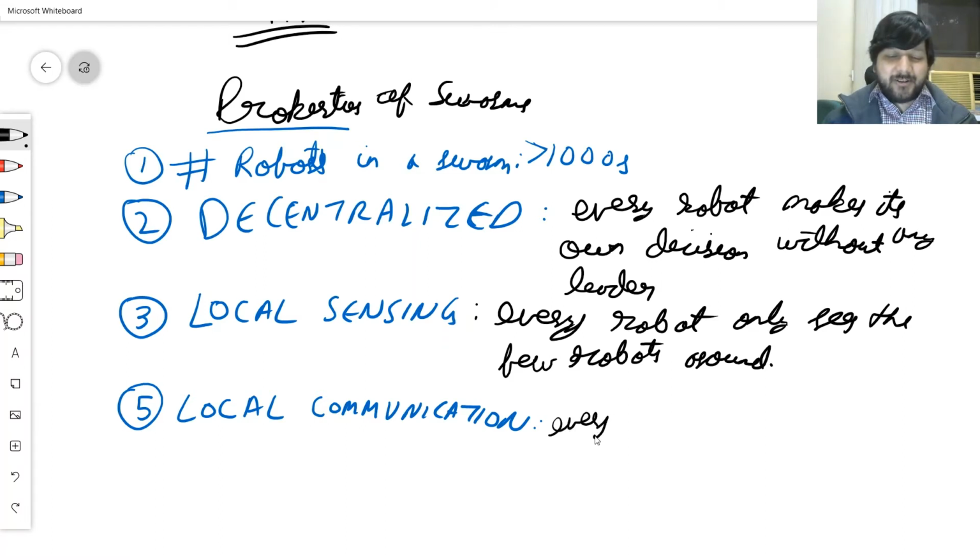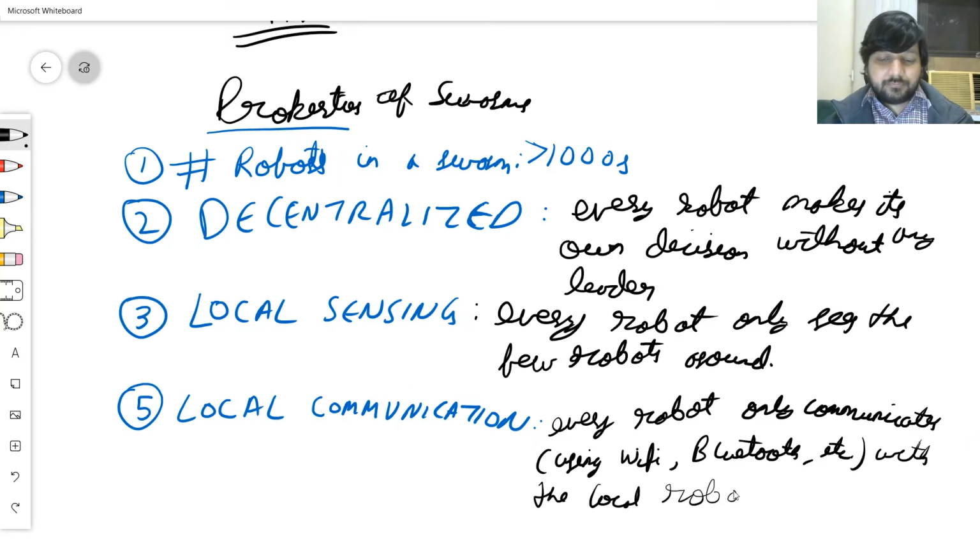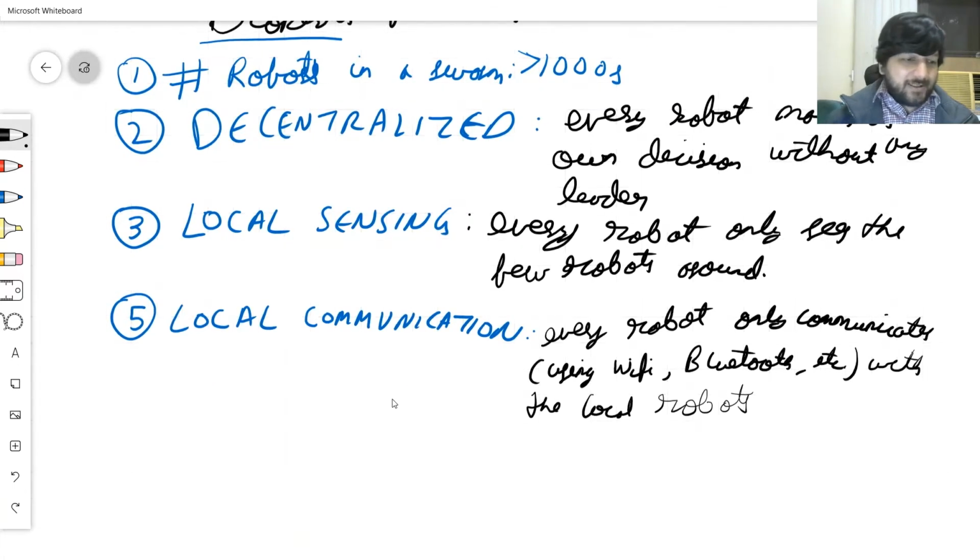So every robot only communicates, and because I've used sensing over here, let me clarify, using formal communication channels with the local robots. So that's almost the same property.